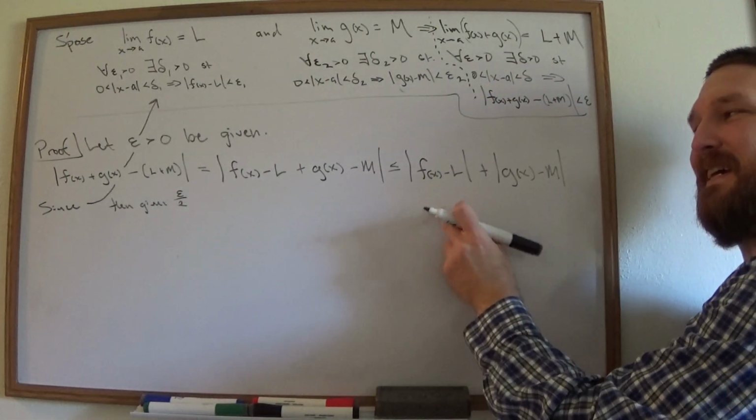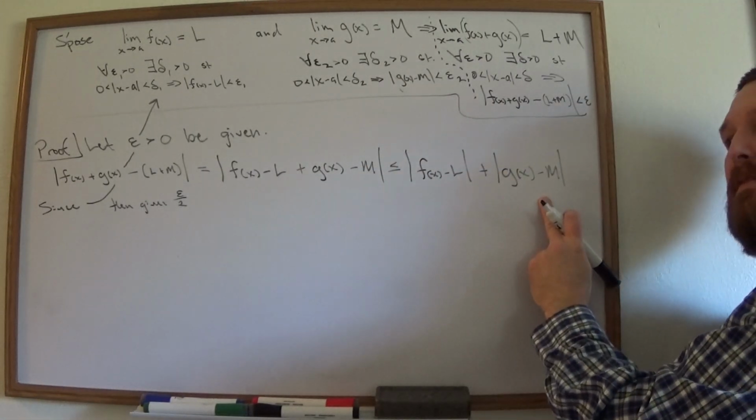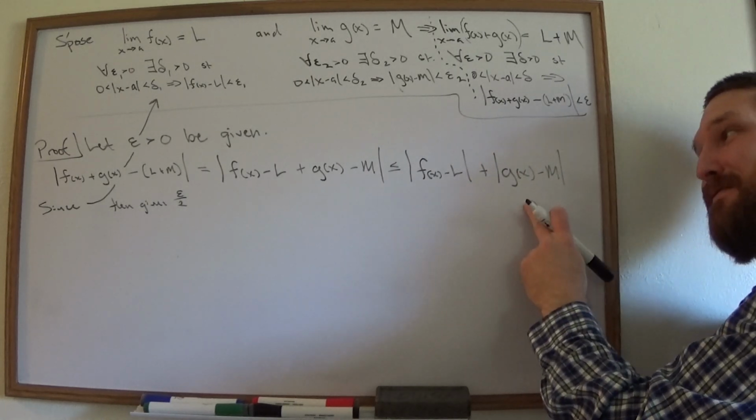Well, if I could get this to be less than epsilon over 2, and this to be less than epsilon over 2, then epsilon over 2 plus epsilon over 2 will be that.